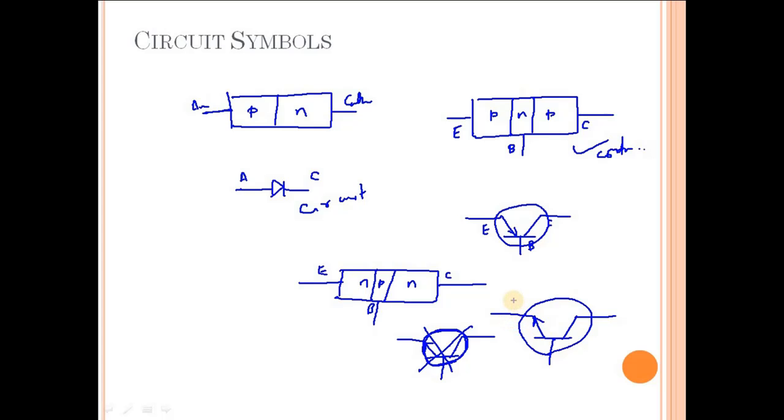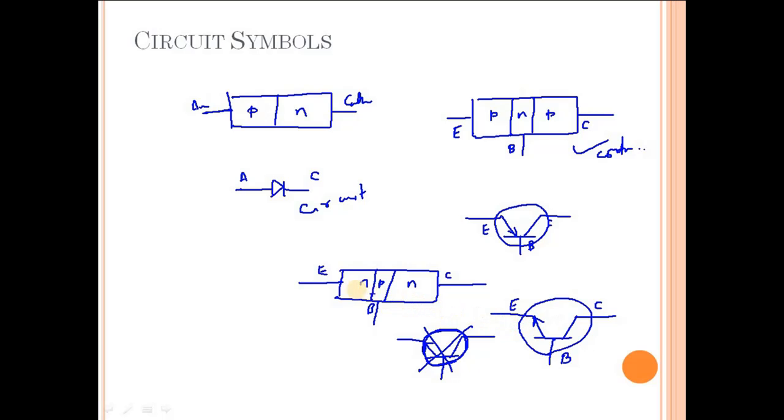This is emitter terminal, this is collector terminal, and this is base terminal. So why is this arrow pointing outside? I told you that the arrow has to appear in the representation of the emitter layer in the symbol, and it has to point in the direction of forward current in the involved PN junction.